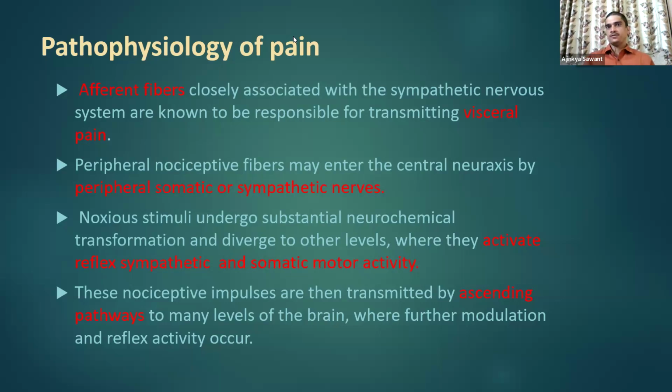Which fibers of the nerve carry the spinothalamic signals? A alpha and beta? A delta and C. I guess A delta and C fibers, not A alpha. A delta and C fibers. Yes.